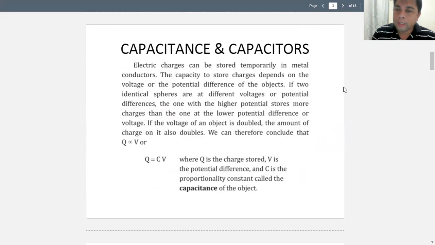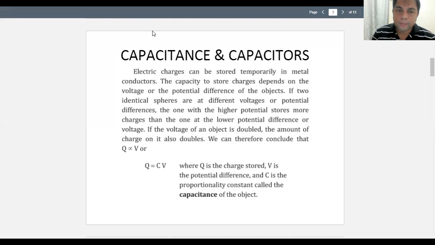But somehow we can store charges in a metal so long as we isolate it and keep it from touching any other objects, like the hand, so that the charges do not transfer. If they are isolated, we can put charges there, but it can only store charges temporarily.